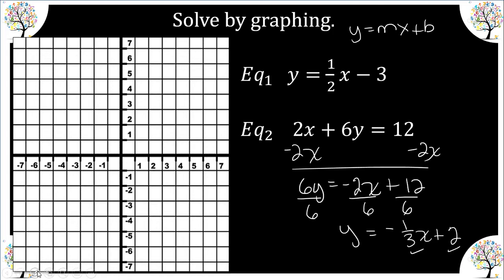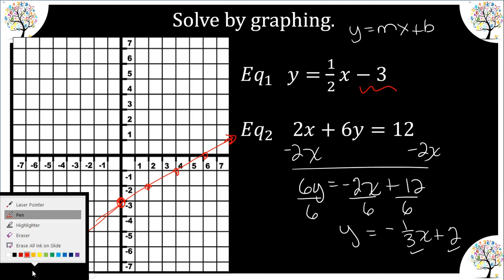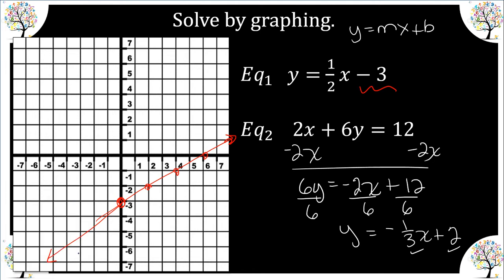So let's graph these. I'm going to graph the first one, and we're going to start at 0, negative 3. Our slope is up 1 and right 2, up 1 and right 2. Our second equation, we're going to start at 0, 2, and we're going to go down 1 and right 3, down 1 and right.